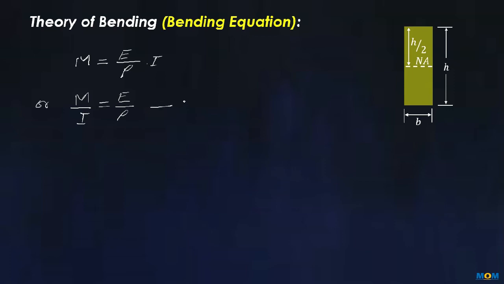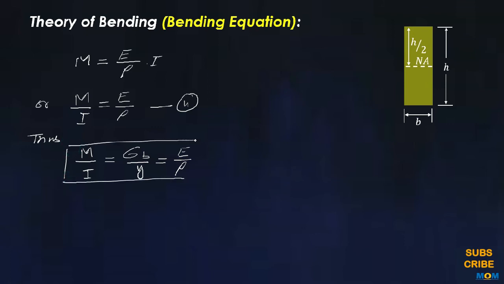This is equation 4. Thus we can write equation as m over I is equal to sigma b upon y is equal to E upon rho.